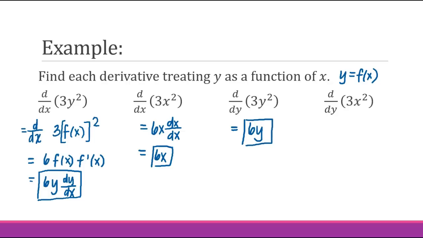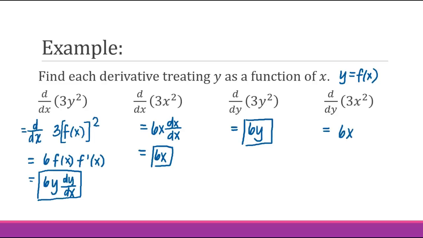So in this last example, we have take the derivative with respect to y of 3x squared. Here the variables don't match. And so what we're going to do is essentially treat it like the first problem. The derivative of 3x squared, we're basically going to take the derivative sort of as usual. We're going to get 6x.